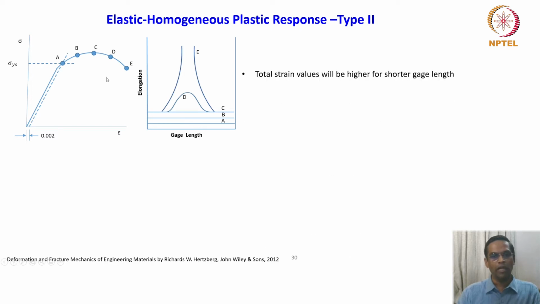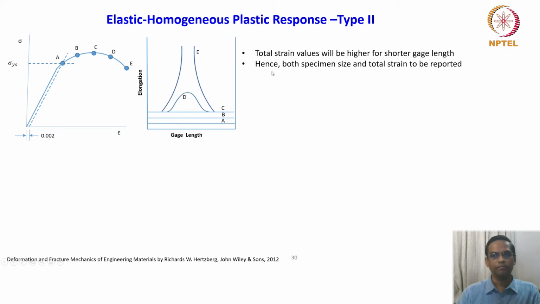What I'm trying to show is a very important aspect, which we have already seen in the beginning of this chapter. What are we trying to explain here? This plot is elongation versus gauge length, and the points A, B, C, D, E marked here are also marked there.